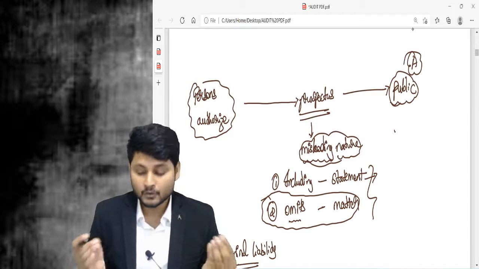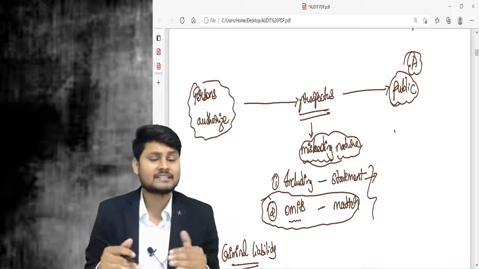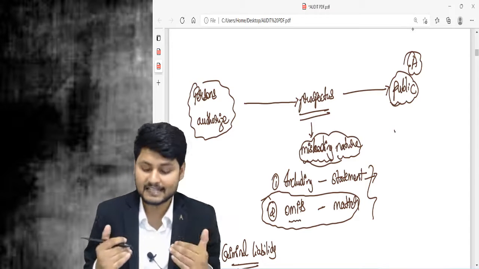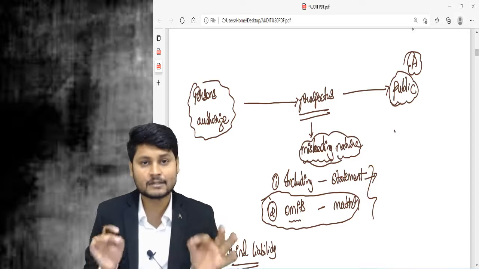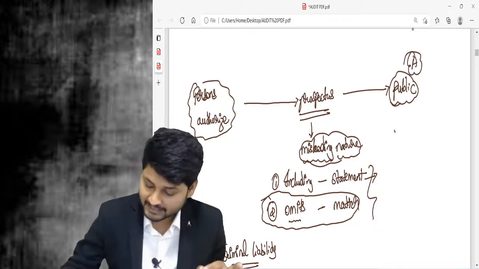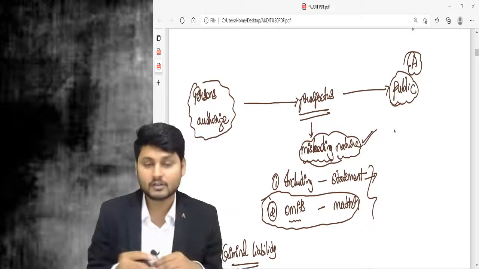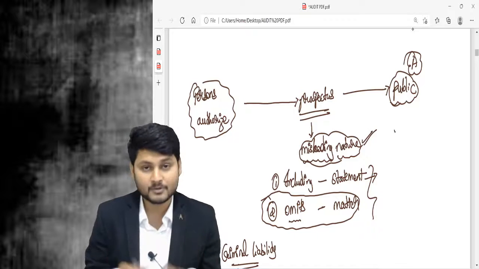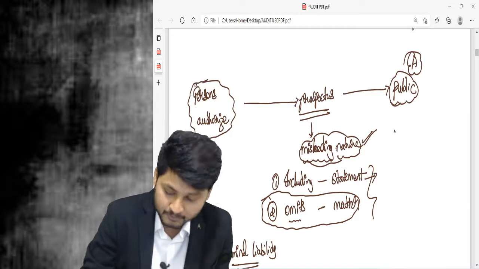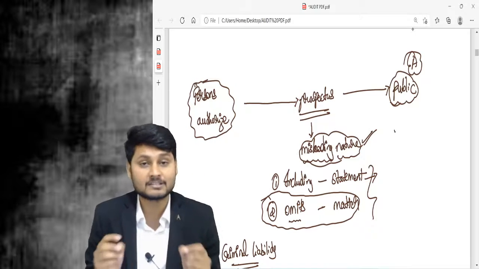After knowing whether the prospectus is right or wrong, they have authorized the same. It is deemed that they know everything. So when something is included or omitted in this prospectus, that is known by the person who is authorizing the prospectus.